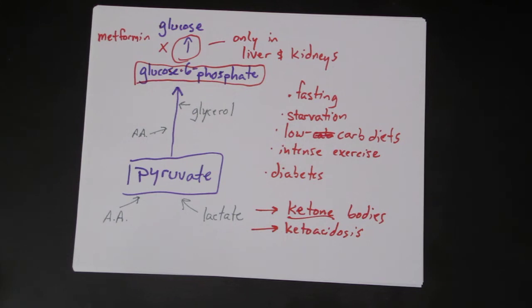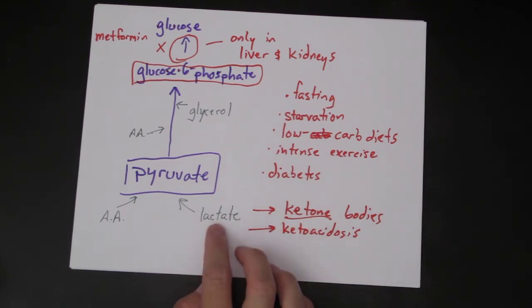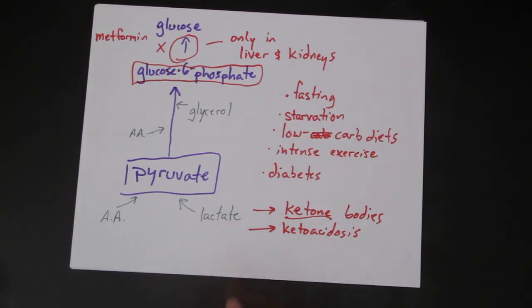Okay. Just a couple more things that I want to talk about. We're getting really close to the end. And one of the things that I want to talk about is relating to gluconeogenesis, but I want to talk specifically about how we get rid of lactate. All right? We've been talking about the production of lactate, how it hinders exercise and performance and things like that, and how we get rid of it.